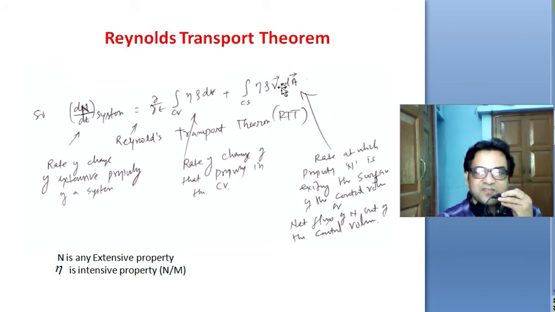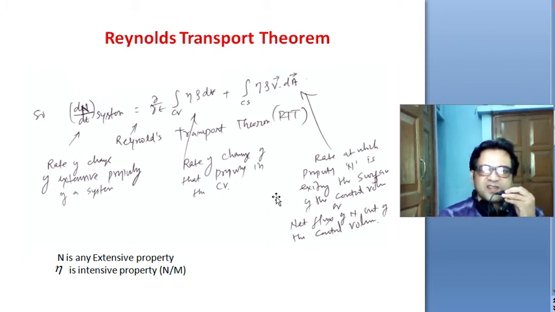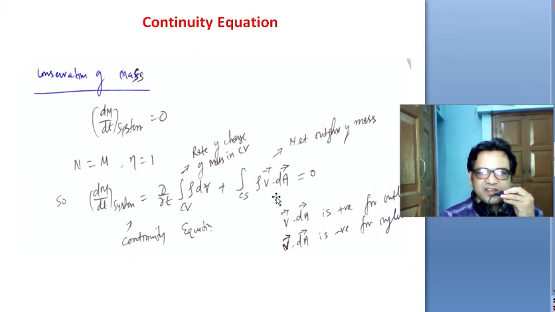So net flux out of the control volume. For example, for mass flux, all mass flow rates leaving the control volume minus all mass flow rates entering the control volume. So this is the Reynolds transport theorem, and from this we will derive the continuity equation.